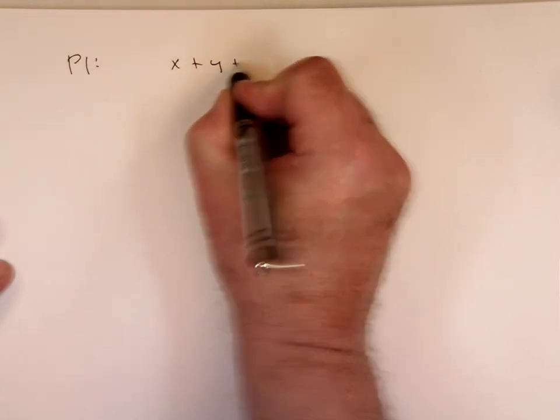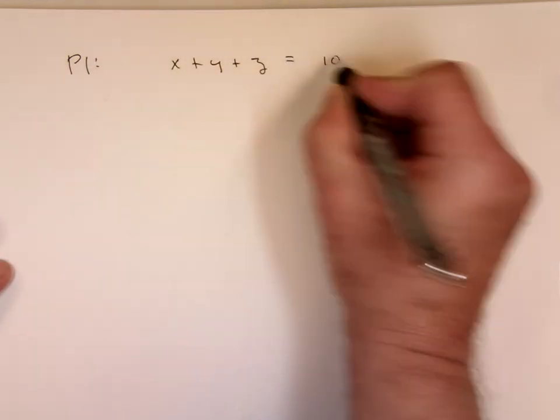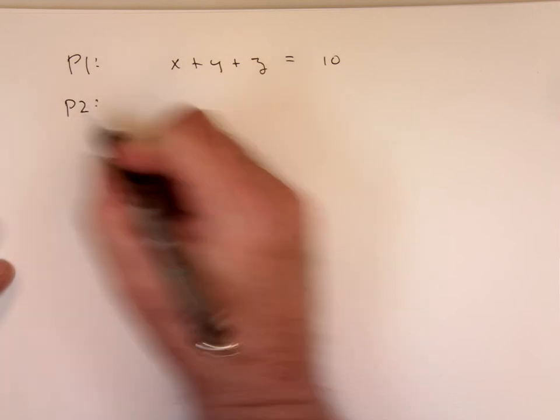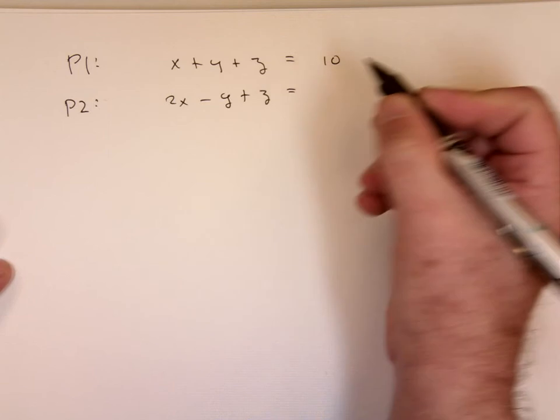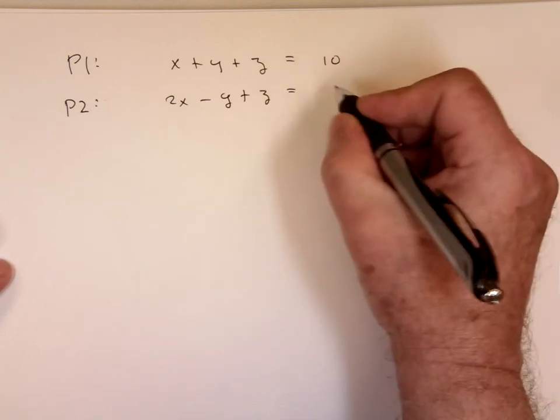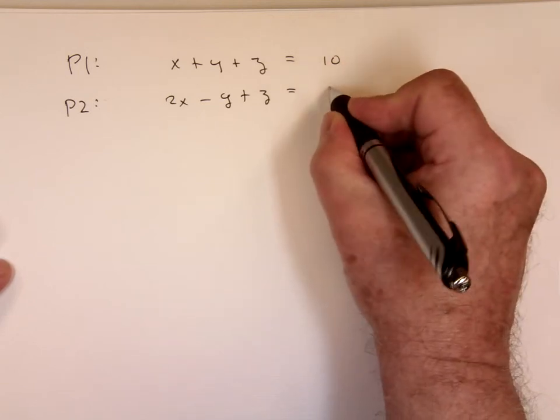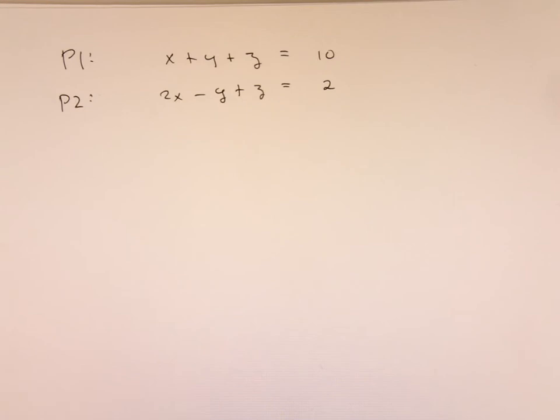Plane 2: 2x minus y plus z is equal to 2. We want to find out about these two planes. We only have these possibilities: parallel planes, same planes, or intersecting planes.